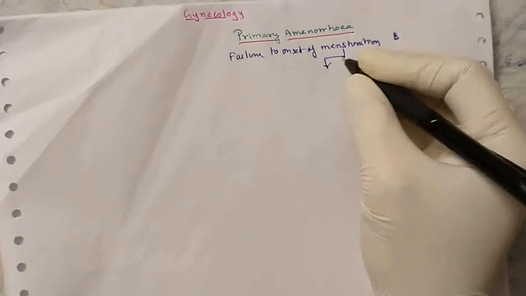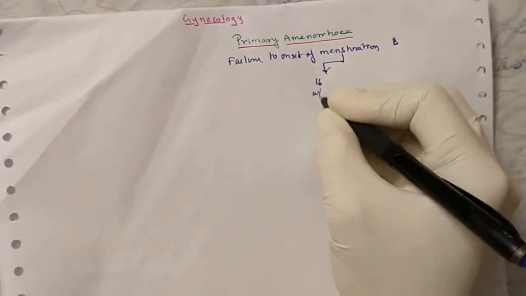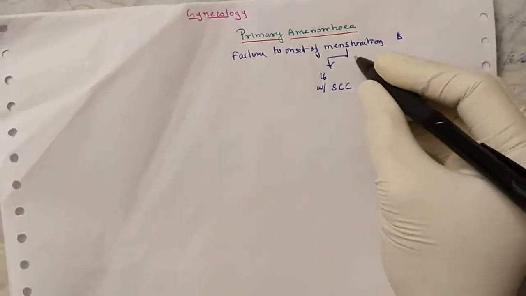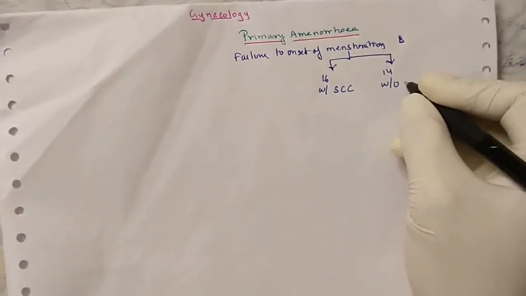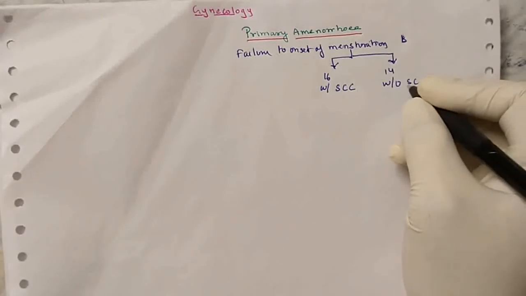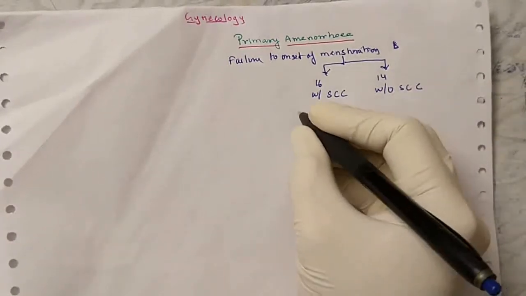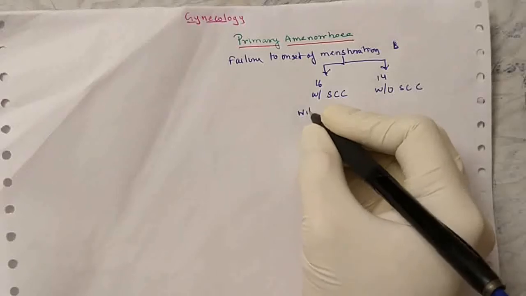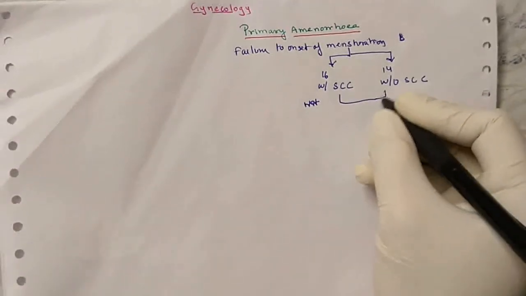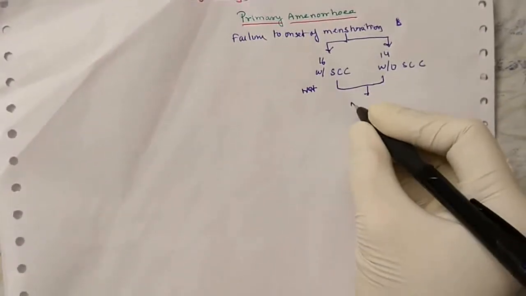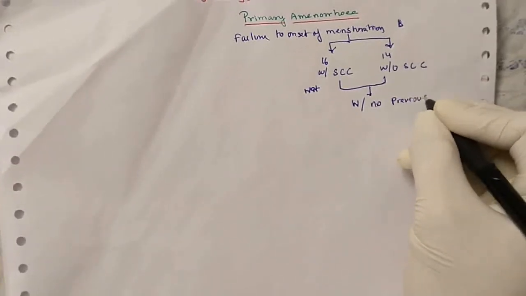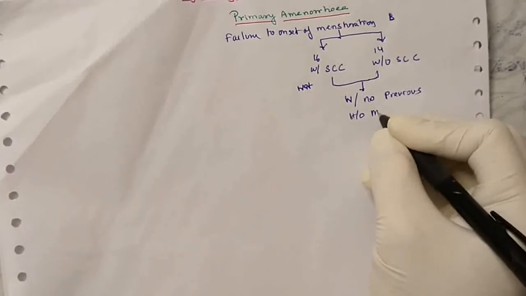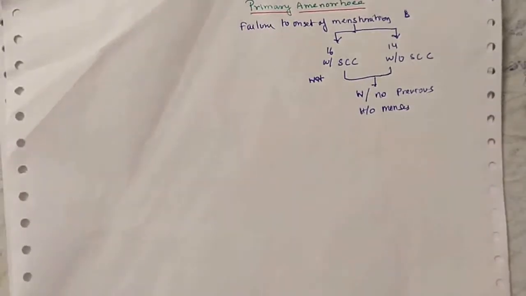One is beyond the age of 16 years with secondary sexual characteristics, or beyond the age of 14 years without secondary sexual characteristics, with no previous history of menses. And this is the definition of primary amenorrhea.